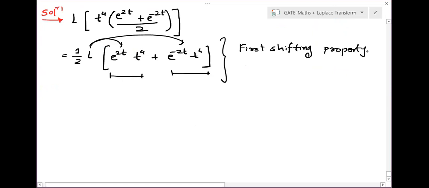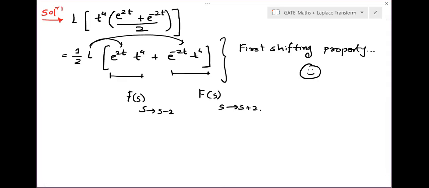By applying this first shifting property, we can convert this here. First is f of s, then s can be changed to s minus 2. This is also f of s, then s can be changed to s plus 2. Is it clear now? Okay, good. So you can do this from home now. You should find this answer from home.